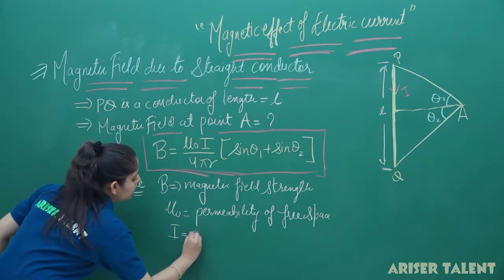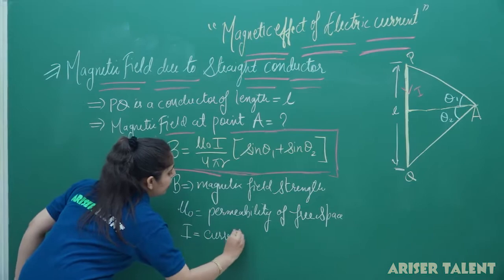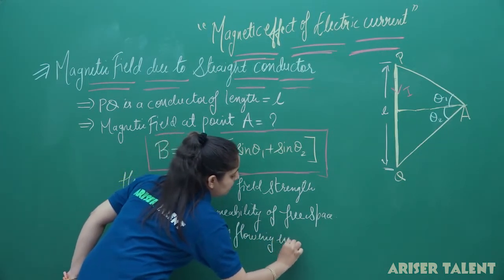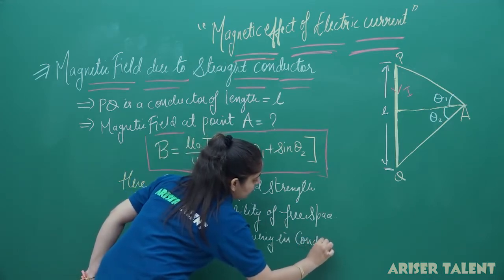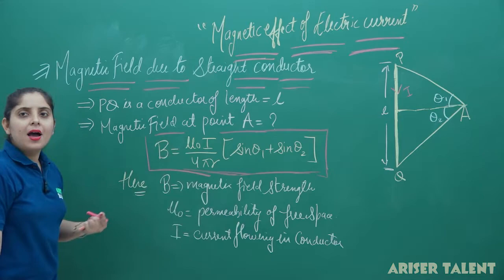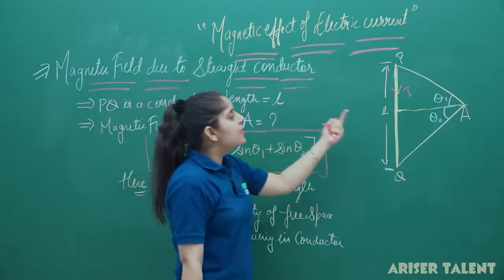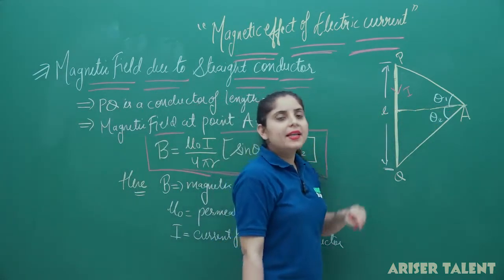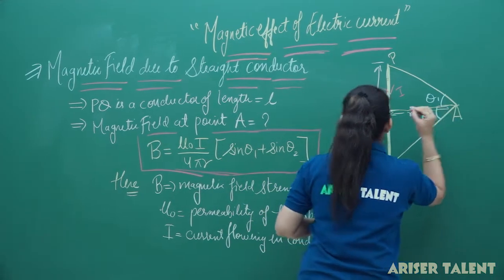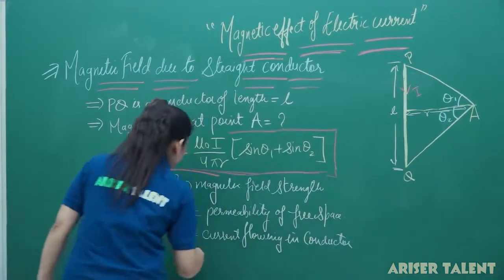R is the distance of this point from the current carrying conductor.